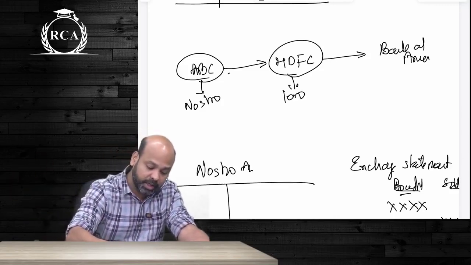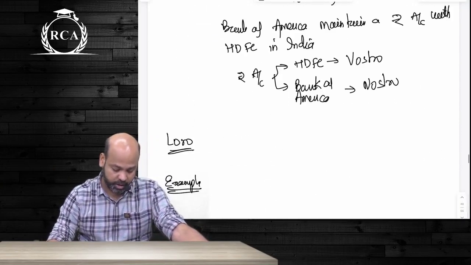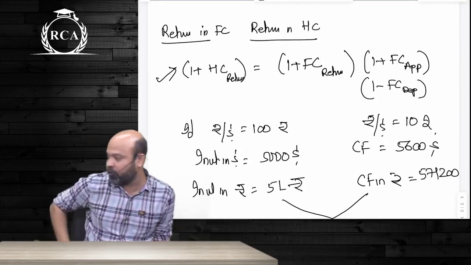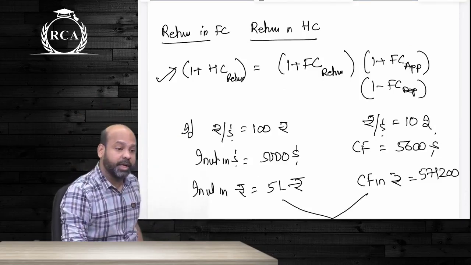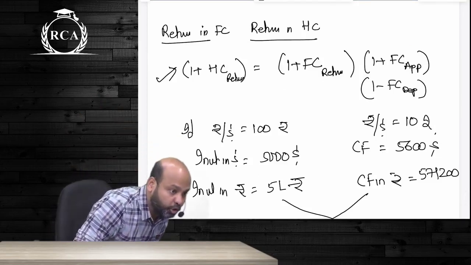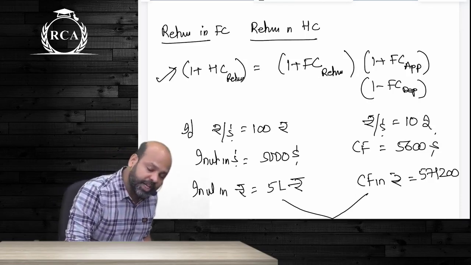Is that clear? Then we did the concept of return in home currency and return in foreign currency. When you say return in foreign currency, you will only take whatever return you're generating in dollar terms. Return in home currency will not only be affected by return of your foreign currency, it will also be affected by exchange fluctuation.